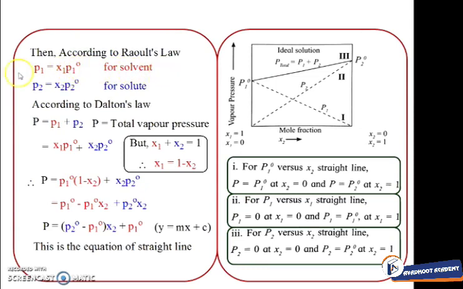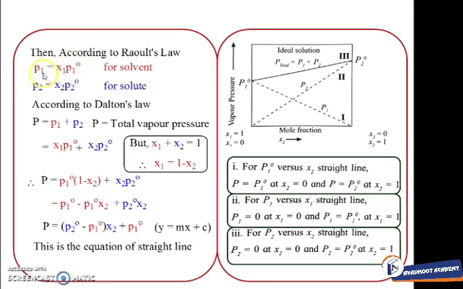This is for the solvent. Here P1 is the partial pressure of A1, x1 is the mole fraction of A1, and P10 is the vapor pressure of A1 in pure state.